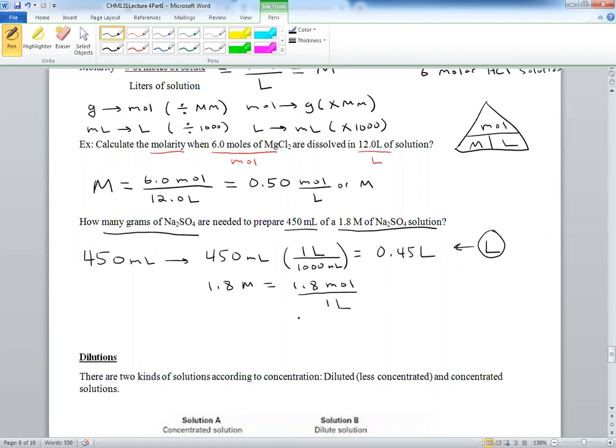So in this case, we'd say moles of Na2SO4 is 1.8 moles over 1 liter times 0.45 liters.